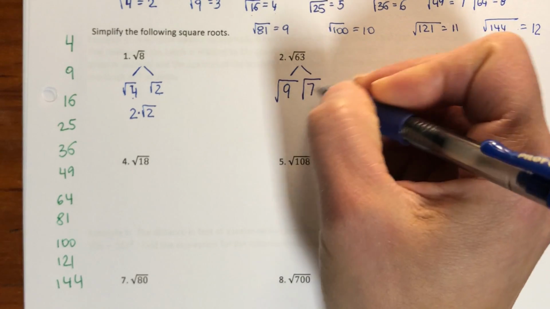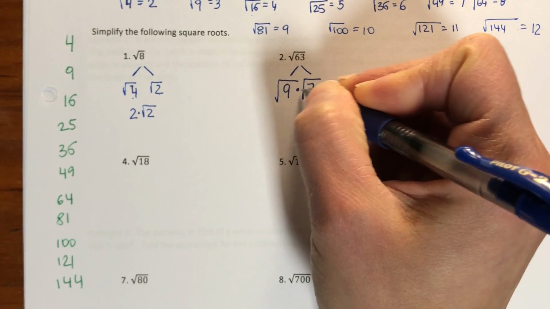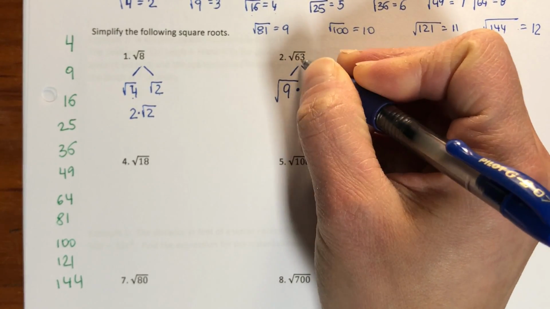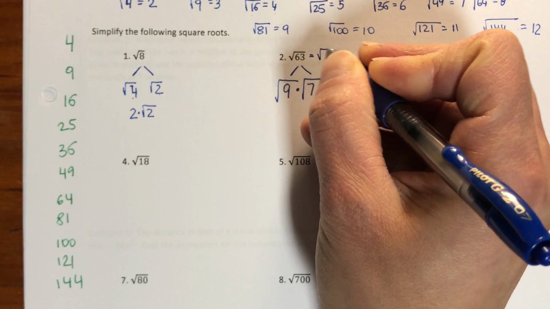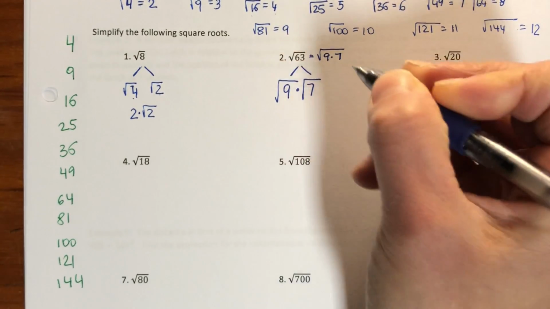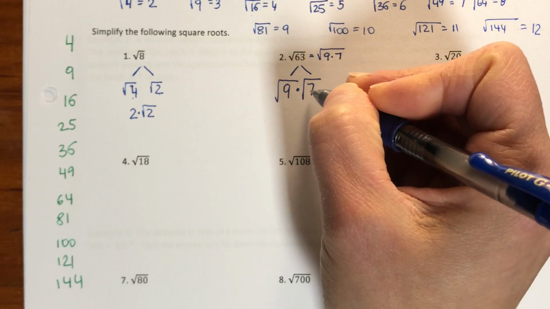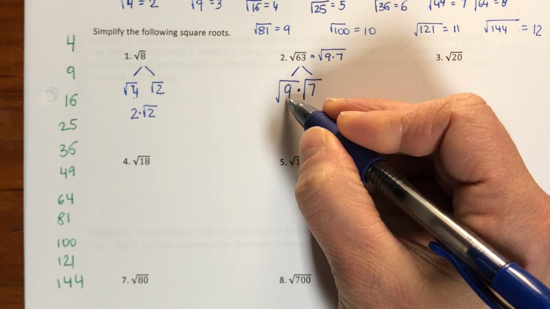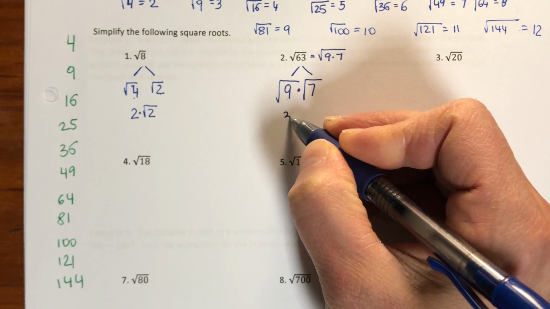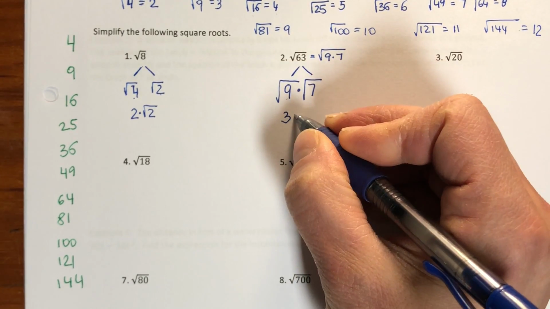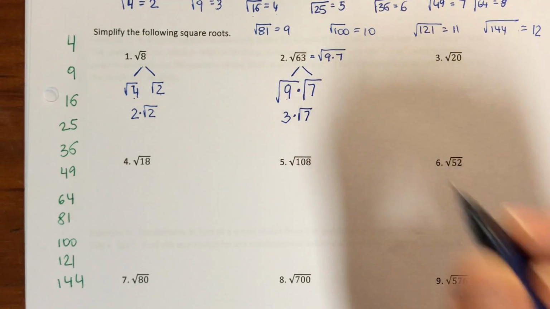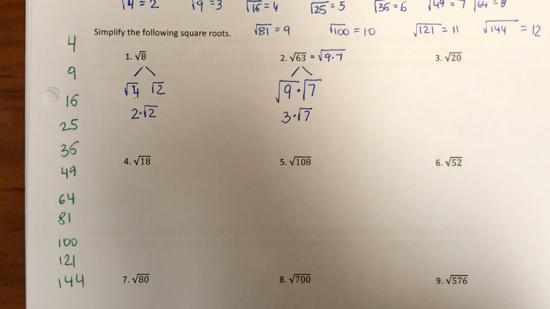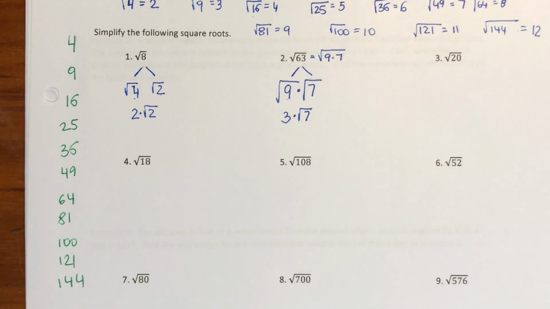And again, I didn't do anything with this, so I just split this apart, and I can do that. Or I can write this separately as square root of 9 times square root of 7. Either way, now we know that we can find square root of 9, that's 3, because 9 is a perfect square, times square root of 7. Again, there are different ways of writing this down, there are different ways of explaining this, and I know you did this a little bit with Miss Mac before we left school.